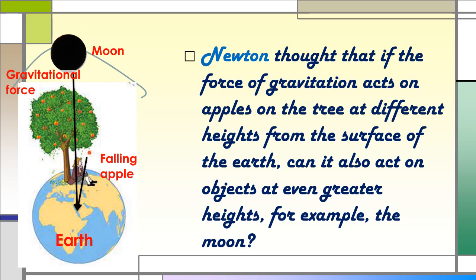It is there, but it is weaker. Like in apple and earth it is greater. Why? Because the distance is less. But if we compare the distance between the sun and earth, and moon and earth, as the distance is higher, the gravitational force is there, but it is weaker. All right.